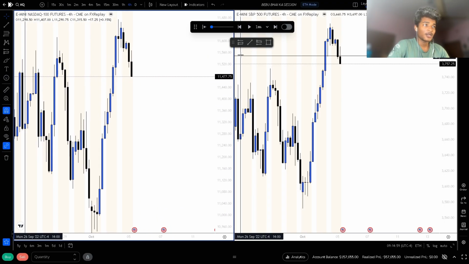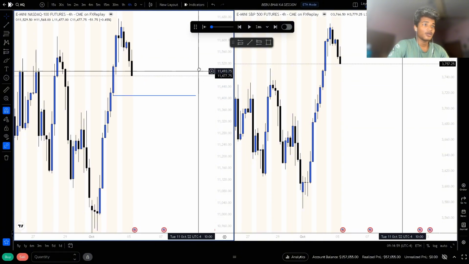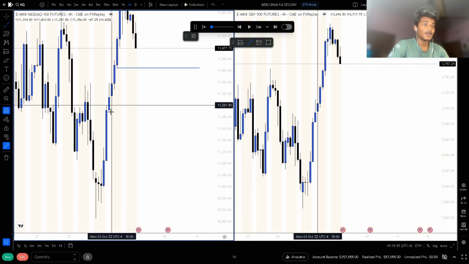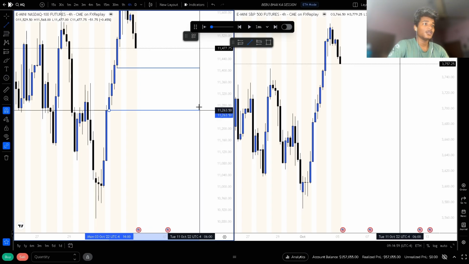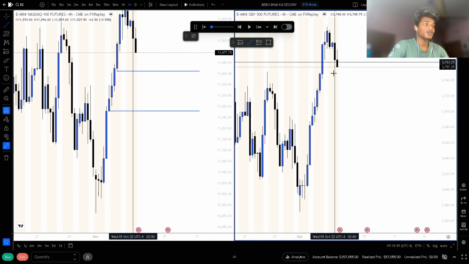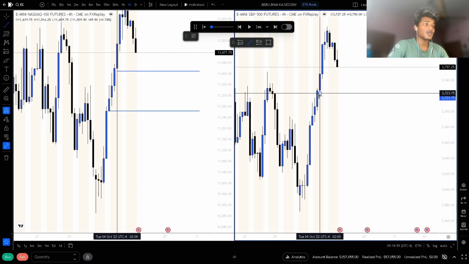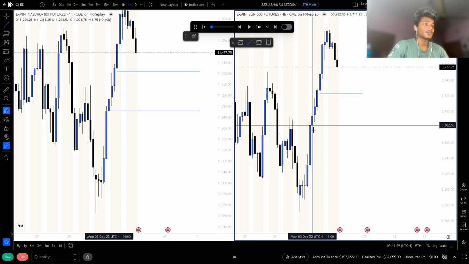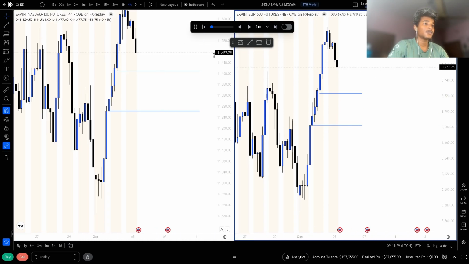So I want to retrace around this unmitigated gap and eventually this unmitigated gap, around this gap and this gap.